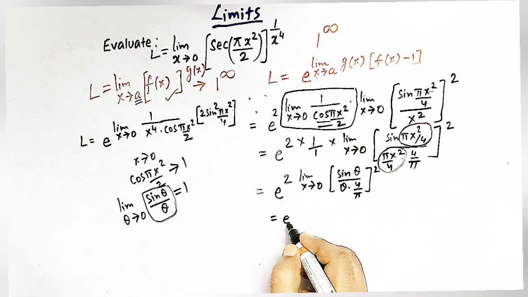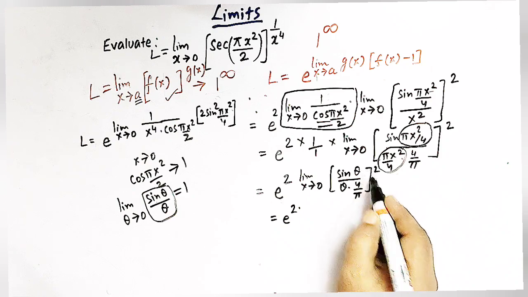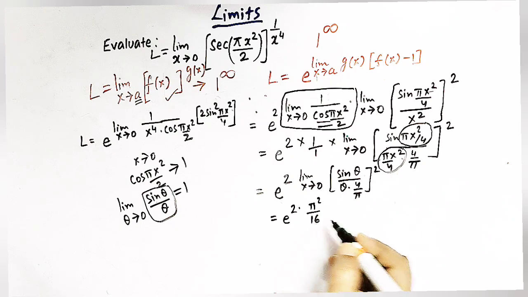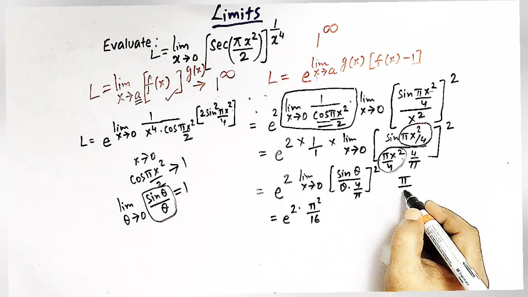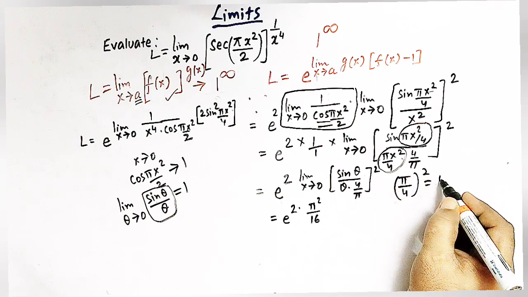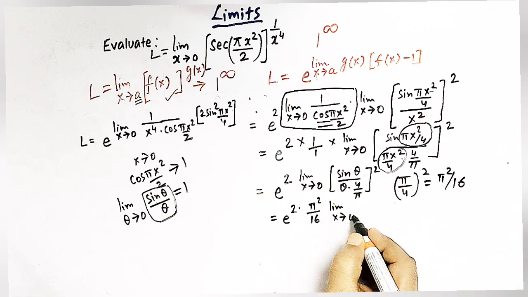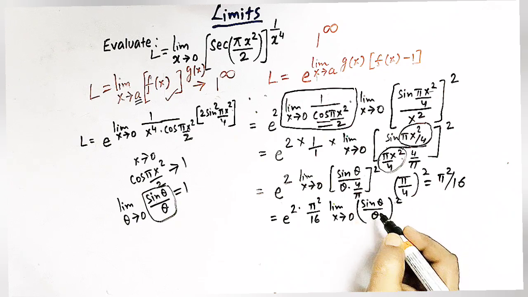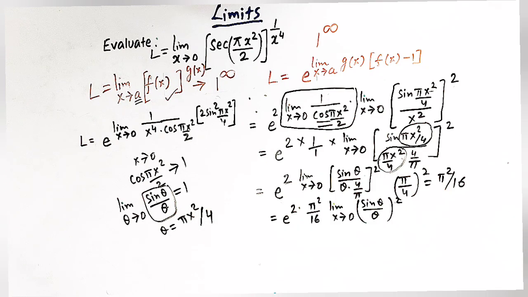So we can now write e raised to 2 times. Now see, here we can take 4 over pi outside this square term. So we can now write pi square over 16, because this pi goes to the numerator, and we have 4, then we have square, that is pi square over 16, and here we have limit x tends to 0 sine theta over theta square, and remember theta is equal to pi x square over 4.